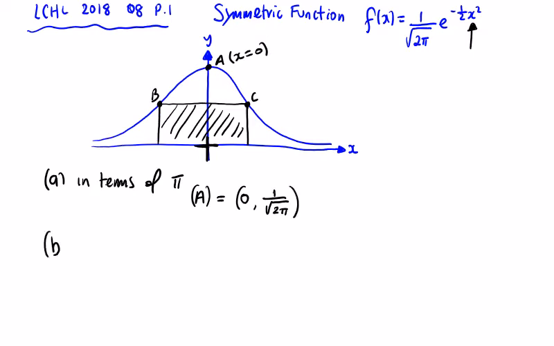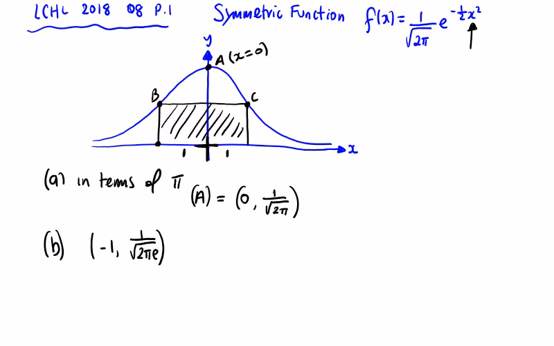Part B asks us to find the area of the shaded region, and it tells us that B is minus 1 over the square root of 2 pi e. So this value here is minus 1 for x, this length is 1 and this length is 1.